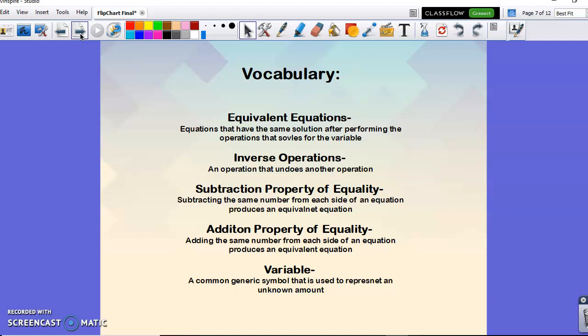The addition property of equality, which is adding instead of subtracting the same amount or number from each side of the equation to produce an equivalent equation. And variable, which is a common generic symbol that is used to represent an unknown amount. And this can be seen as letters of the alphabet in math classes.